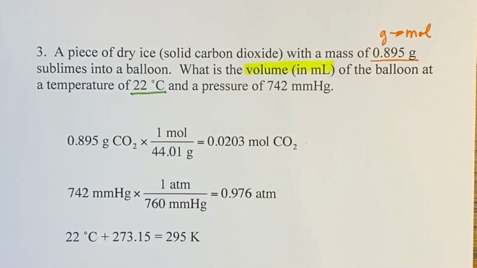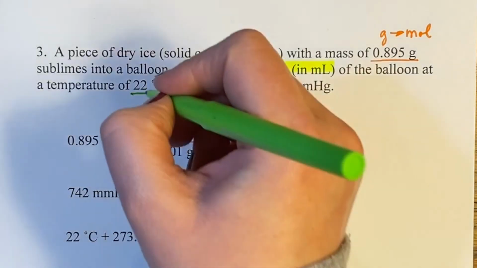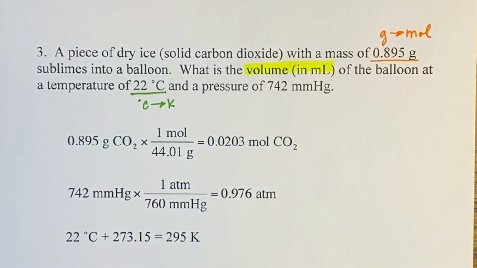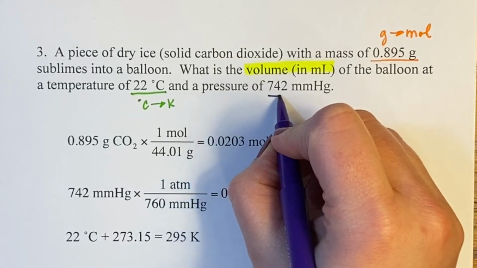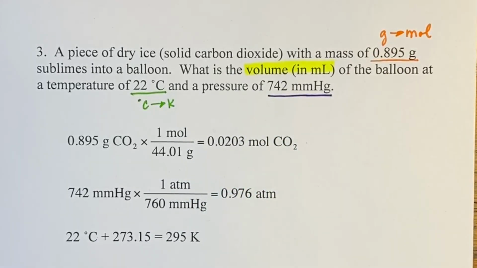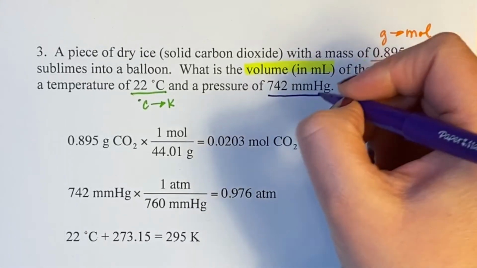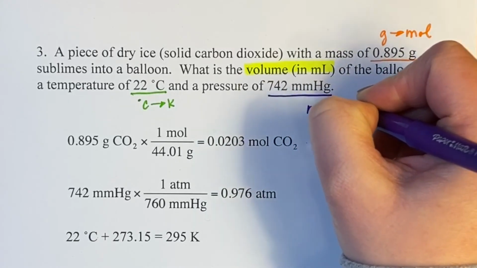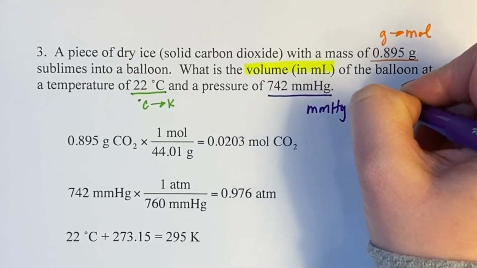I'm told that it's 22 degrees Celsius and I need Kelvin for the ideal gas law, so I'll need to convert my 22 degrees Celsius to Kelvin. Finally, I also have a pressure of 742 millimeters of mercury, and for the ideal gas law I need my pressure to be in units of atmospheres, so I'll need to do a conversion from millimeters of mercury to atmospheres.